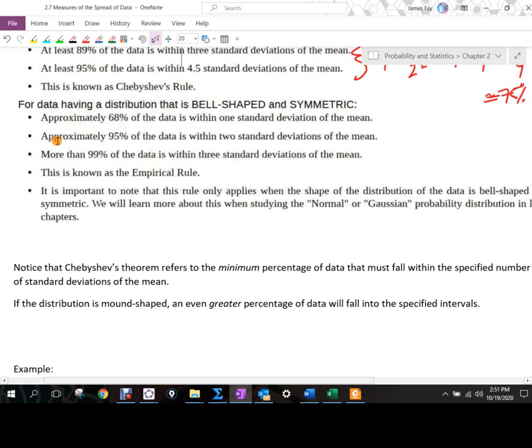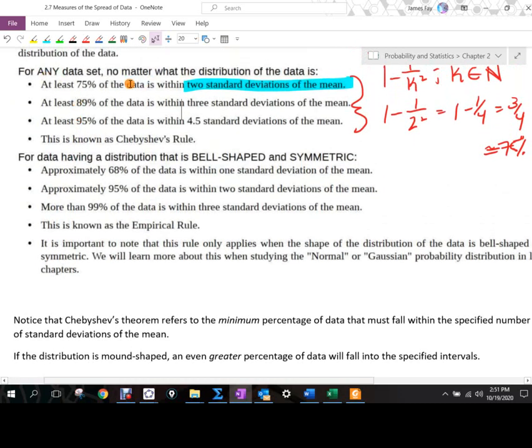And the empirical rule just allows us to narrow those percentages that Chebyshev's was giving down to a little bit more precision. If we know it's bell-shaped, or normal, we can say that approximately 68% falls within 1 standard deviation of the mean, 95% within 2 standard deviations of the mean, and then 99.7% falls within 3 standard deviations of the mean.